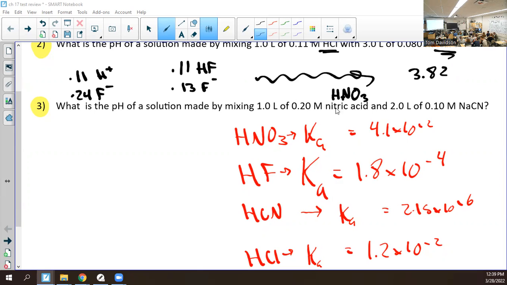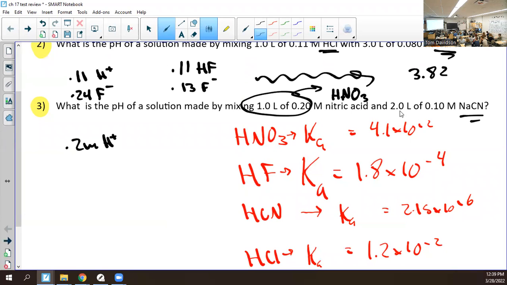We have strong acid and we have the salt of a weak acid, right? So we just have to do the math. We have to do chemistry, sorry, and then math. So we have 0.2 mole of H plus from here, because this is strong, so it completely dissociated.